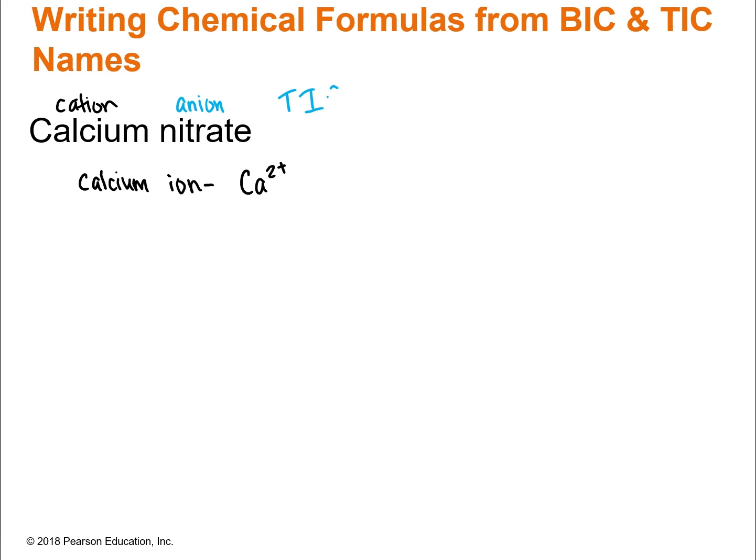So this is a ternary ionic compound. The others were binary ionic compounds. You look at your chart to figure out the chemical formula and the charge for the polyatomic anion.